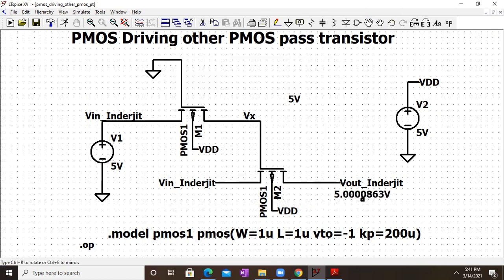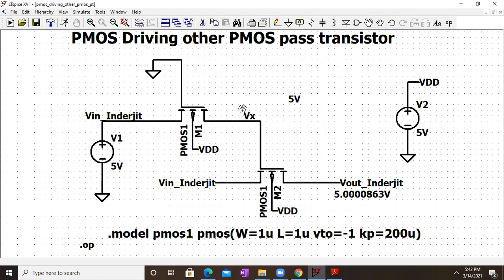Here it is. So whenever Vin is logic 1, the Vx value, the output of the first transistor, is 5 volt and the output of the second transistor is also at 5 volt. Now how does this happen? We know that a PMOS pass transistor logic passes a strong logic 1.